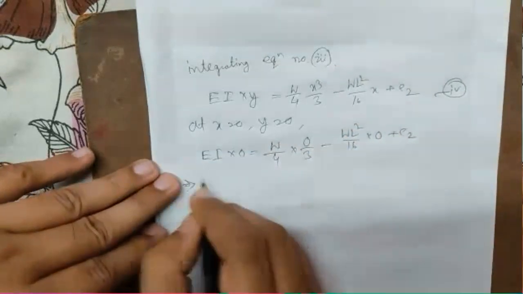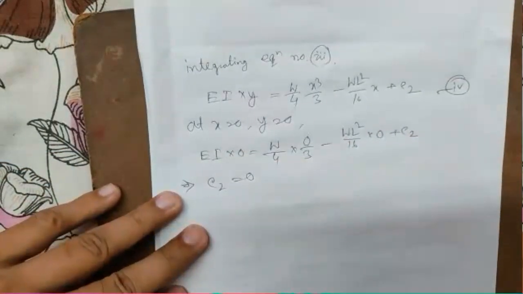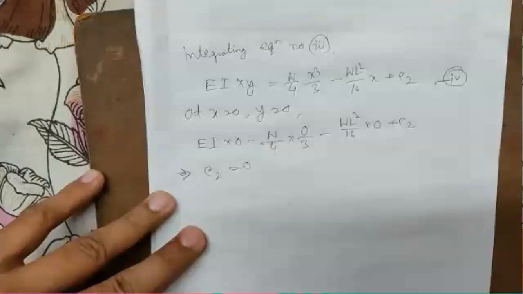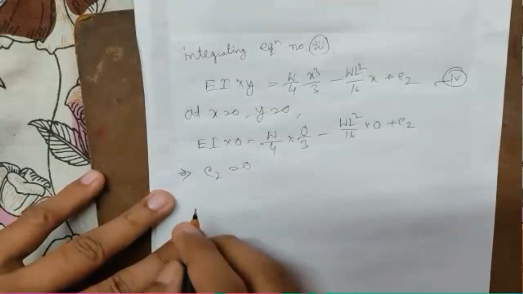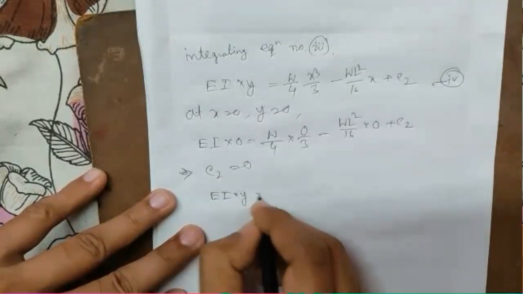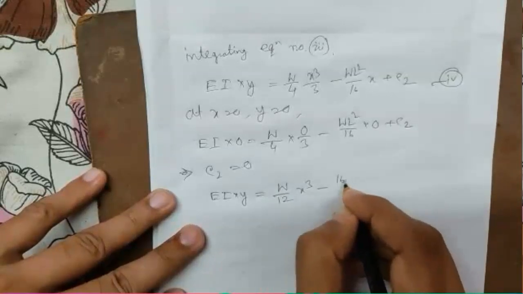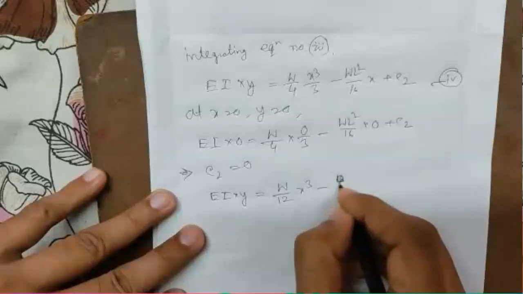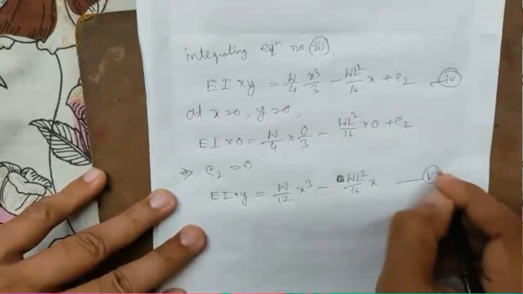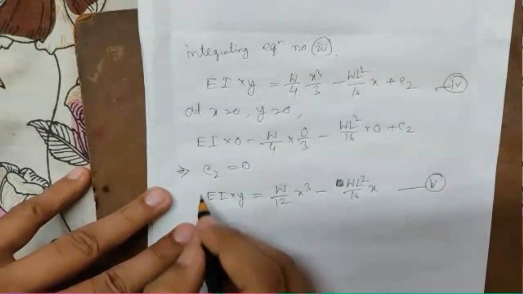So everything is 0, so C2 is equal to 0. The equation number 4 can be written simply as EI into y is equal to w by 12 x cube minus wl square by 16x. This is equation number 5.